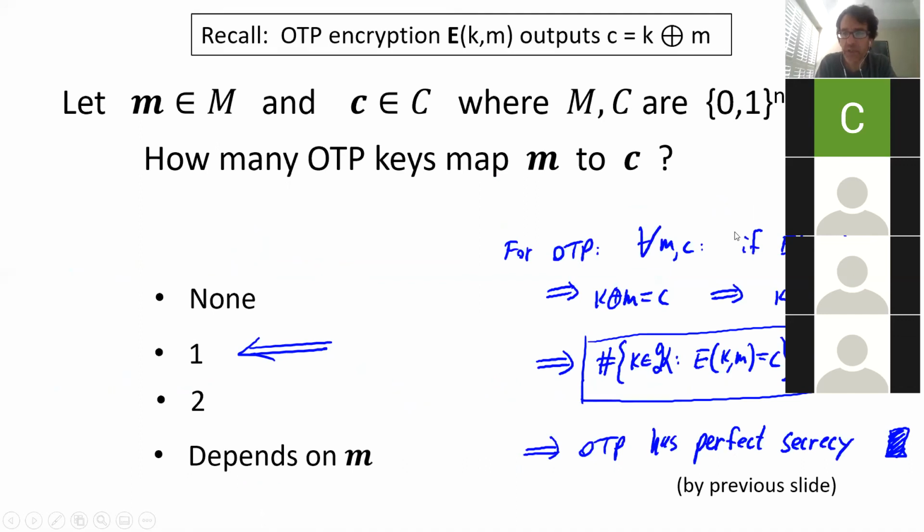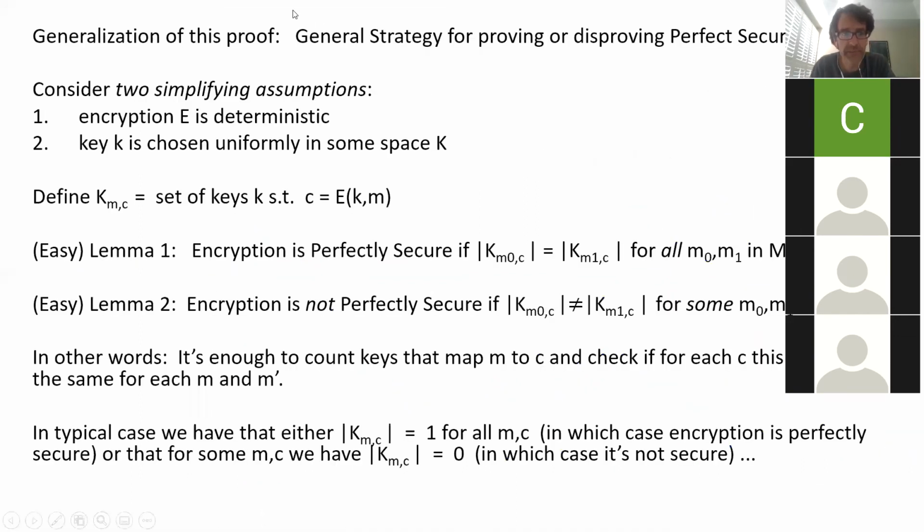So why is this elementary proof significant? Because whenever you have a deterministic encryption and a case where the key is chosen uniformly from some space, then you can do arguments like this: take a set, for every M and C, of keys corresponding to this pair that map M into C. Encryption is perfectly secure if these sets have the same number of elements.